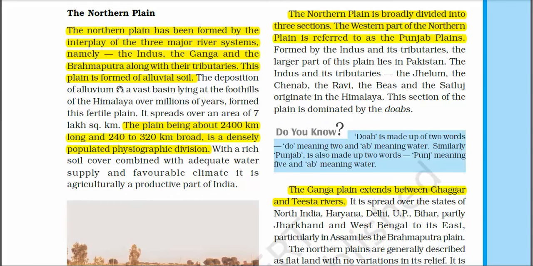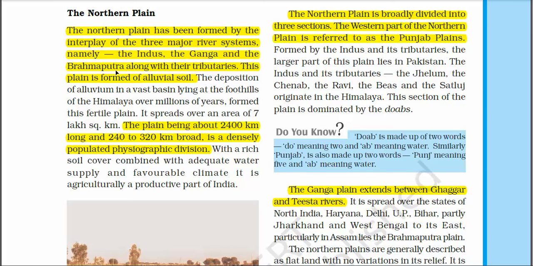Second part is the Northern Plain. As it is clear from the name, these are located in the northern parts of India. The Northern Plain has been formed by the interplay of the three major river systems such as the Indus, the Ganga and the Brahmaputra along with their tributaries.